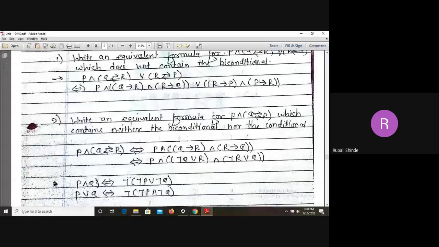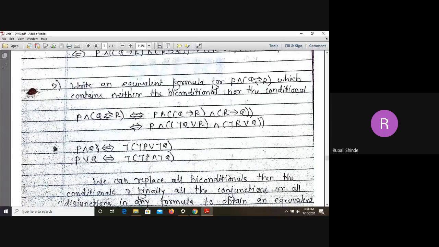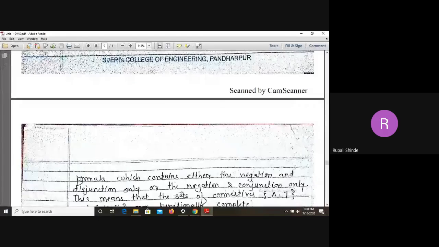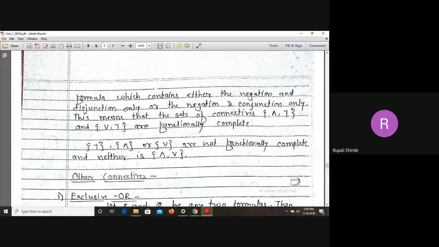Okay. So again, P and Q is equivalent to negation of (negation P or negation Q), and P or Q is equivalent to negation of (negation P and negation Q). Okay.